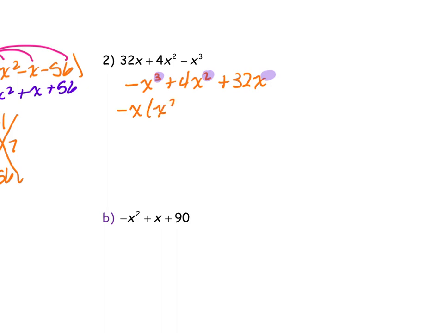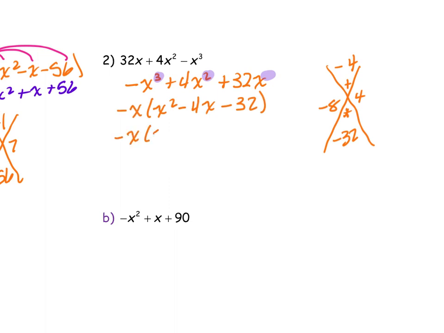That gives me x squared minus 4x minus 32. To factor the inside of the parentheses, I need two numbers that multiply to be negative 32 and add to be negative 4. What do you guys think that would be? Yeah, negative 8 and positive 4. Good job, you guys. So I've got negative x times x minus 8 times x plus 4.